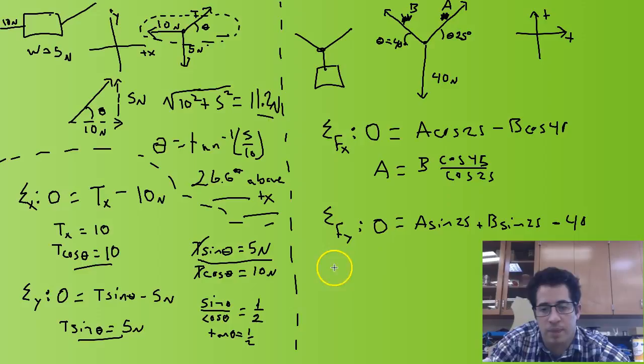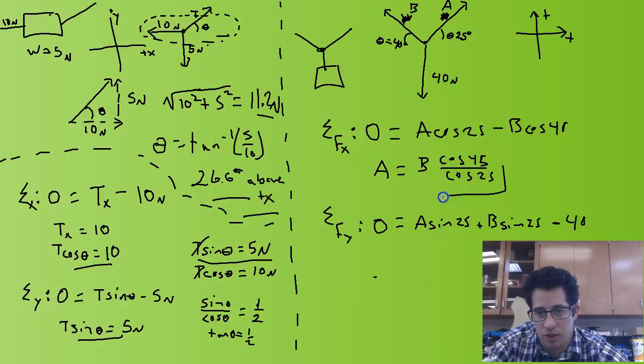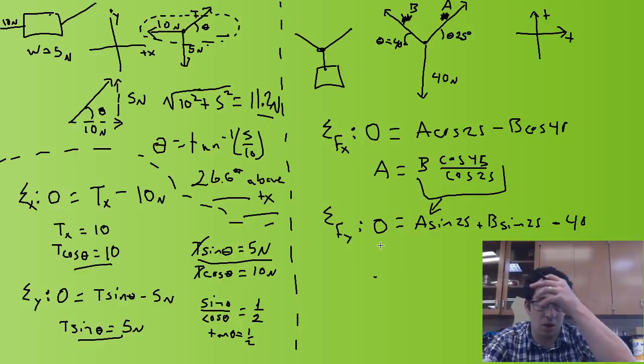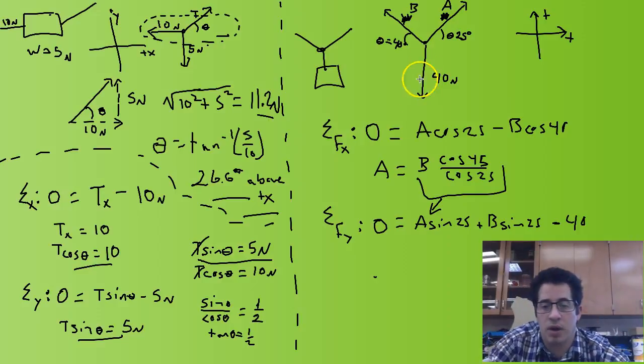I would say, okay, we'll bring the 40 over. Or really, from here, what you would want to do is basically plug this in for B, and you could solve it. Okay, we won't go through that step right now, just because I don't think it's necessary at this point. But this is a situation where you need to use these net force equations for x and for y.